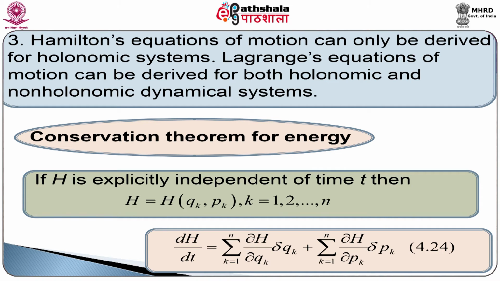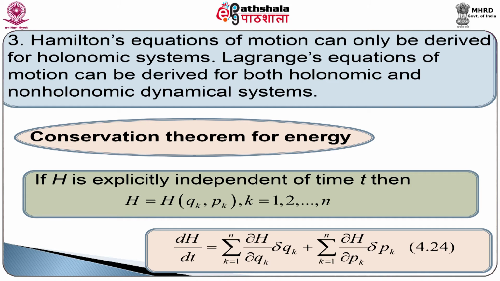If we take the time derivative of the Hamiltonian, then we get dH/dt equal to summation k equal to 1 to n del H del qk into qk dot plus summation k equal to 1 to n del H del pk into pk dot. By Hamilton's equations of motion, we already have qk dot equal to del H del pk and pk dot equal to minus del H del qk.